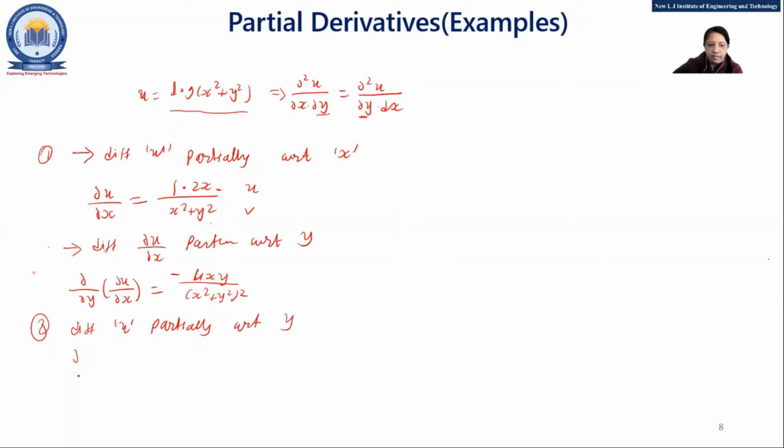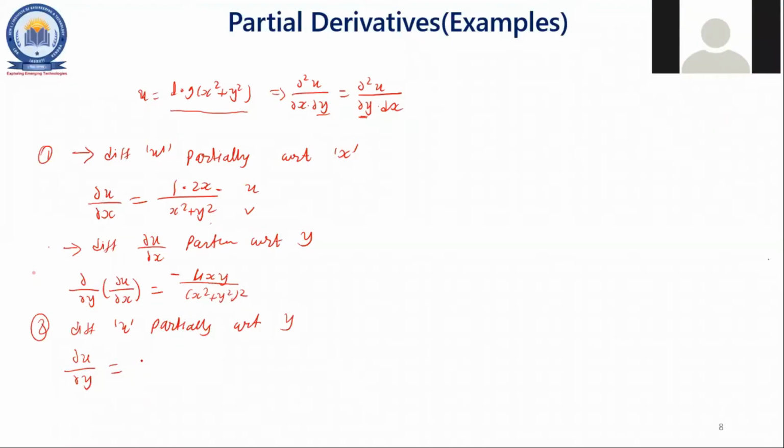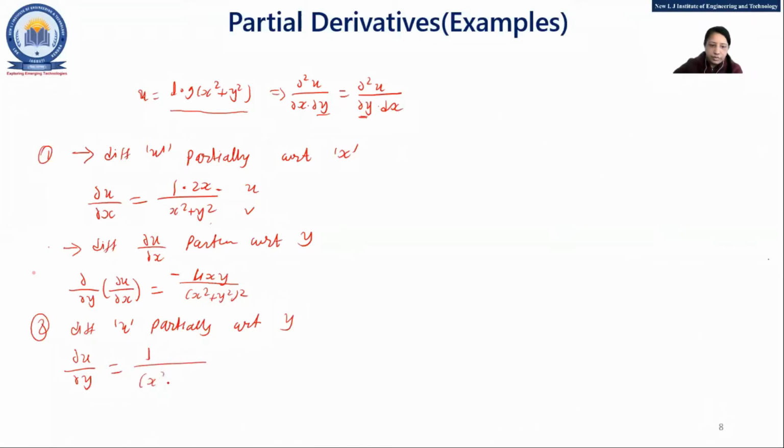Del u by del y equal to, yeah, Trupti. Del u by del y equal to 2y upon x square plus y square, and here it's 2y, right? Okay. Then what do I need to find out after that?